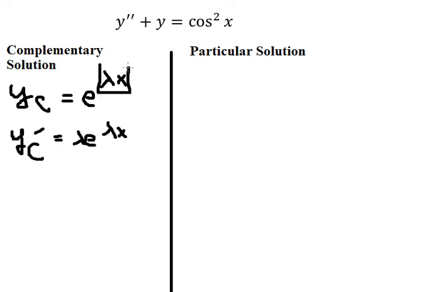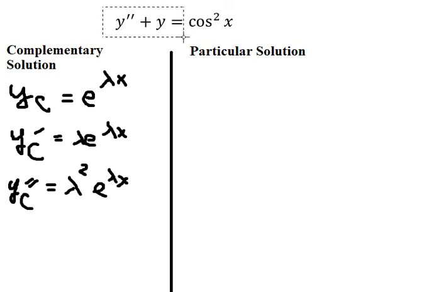Later we do the first derivative of lambda s, you get lambda. And now we go to the second derivative of yc, which equals lambda squared e to the power of lambda s. Because this is about the complementary solution, we set this equal to 0.